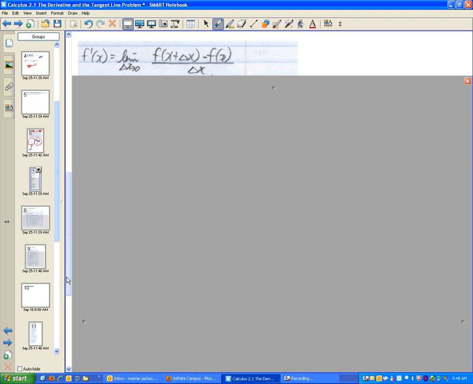All right, so that's the definition of derivative, isn't it? So let's use that because I've told you that the derivative is a formula to find the slope of the tangent line. So let's use this as a formula to find the slope of the tangent line.